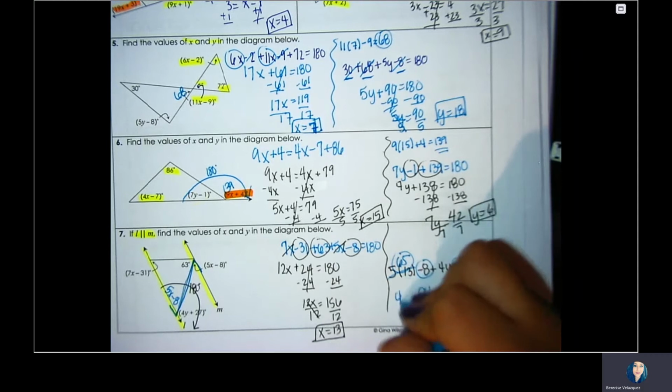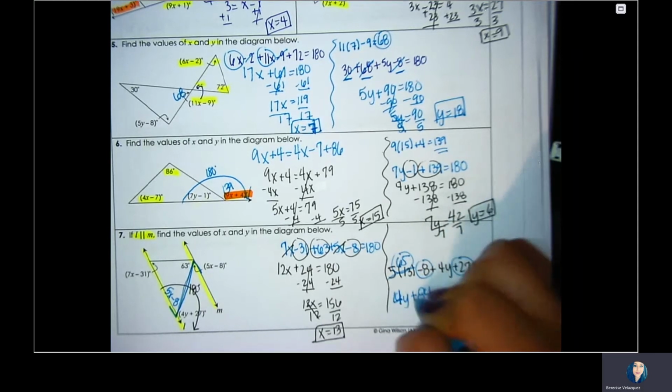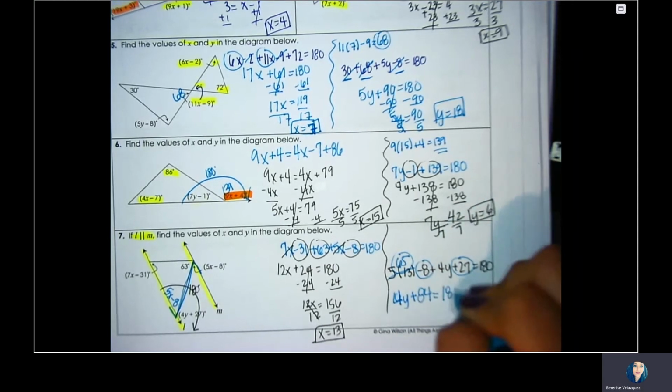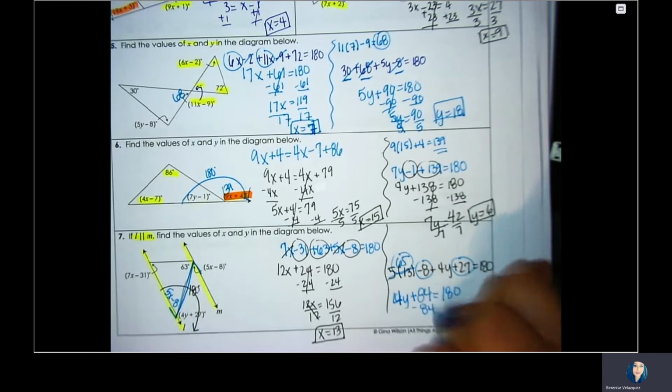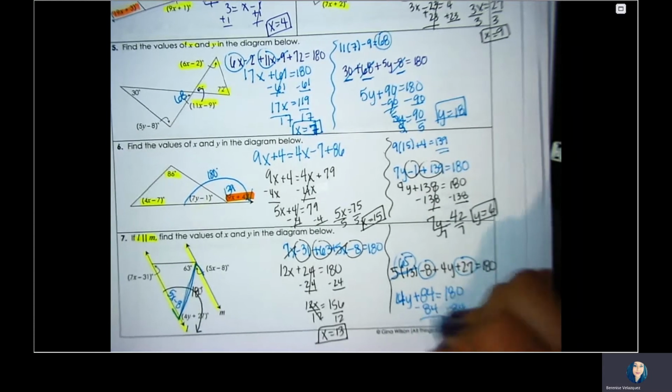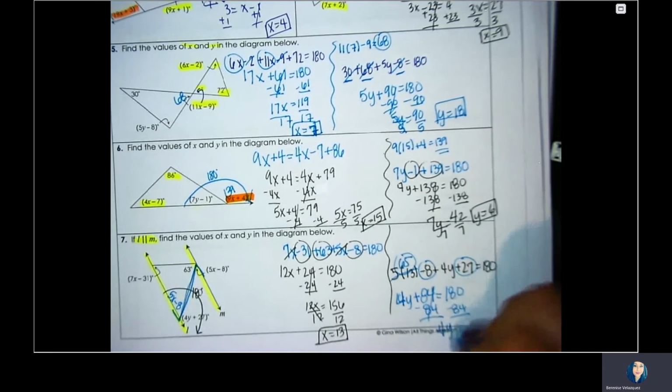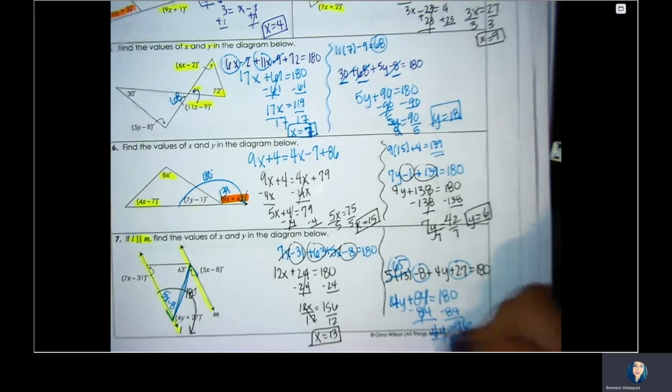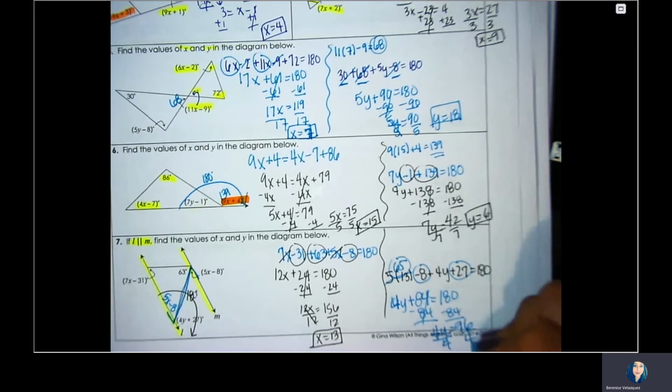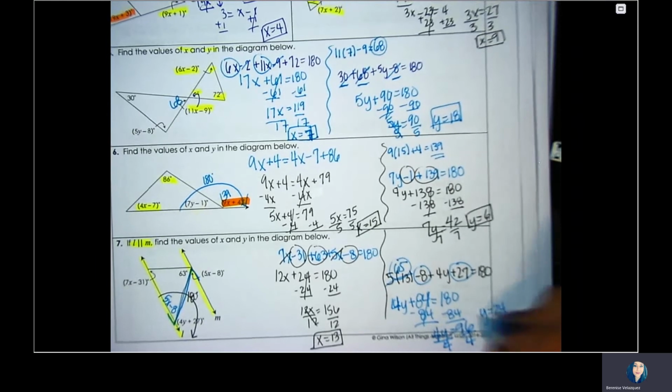So I bring down 4y plus 84 is equal to 180. Subtract 84. 4y is equal to 180 minus 80 would have been 100, minus 4 more would have been 96. Divide that by 4. 96 divided by 4, y is equal to 24.